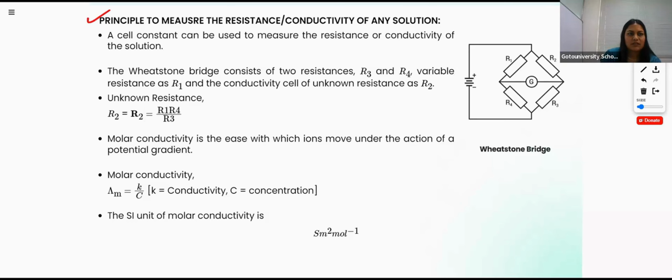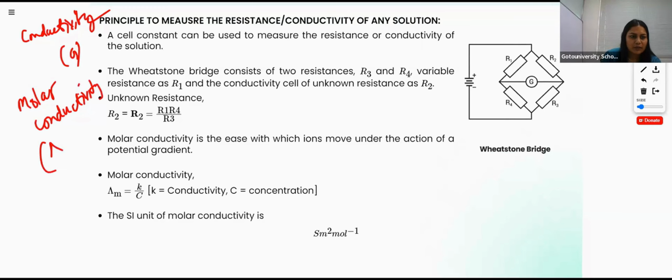As we have discussed, there is conductivity, which is represented by G, and then there is molar conductivity, which is represented by lambda m. Now what is the relation between conductivity and molar conductivity? Conductivity we have already discussed. And what is molar conductivity?